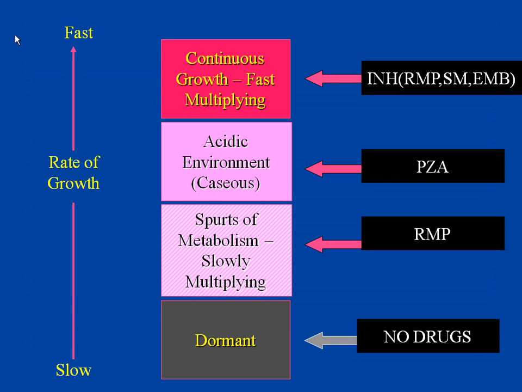We've been using an atypical DOTS regime, where we use INH, rifampicin, streptomycin, ethambutol in the initial phase, which controls fast multiplying bacteria, and later it is maintained with a continuation phase for at least 9 months. However, to date, we have no drugs available for the dormant stage of tubercle bacilli.